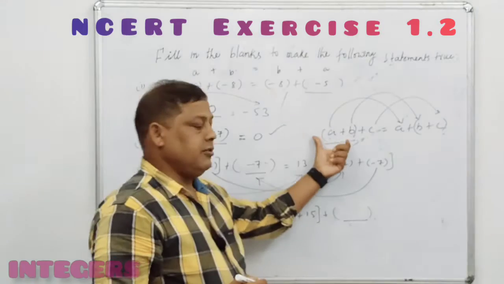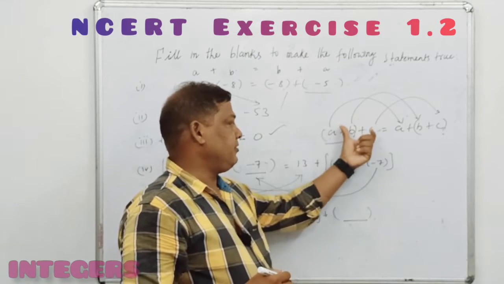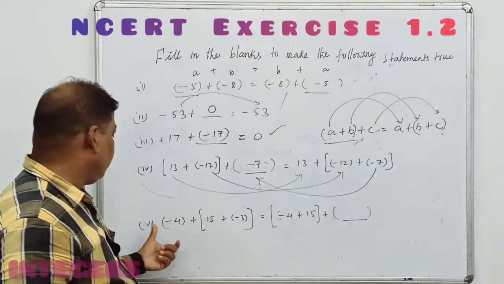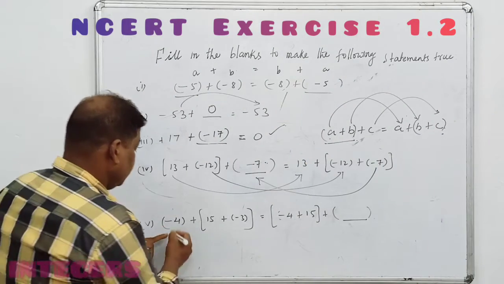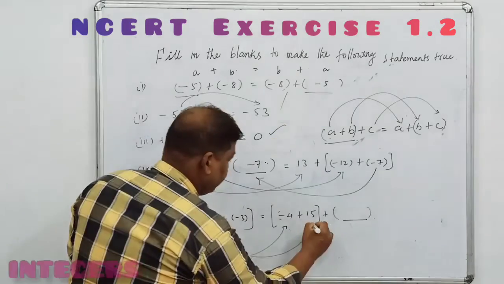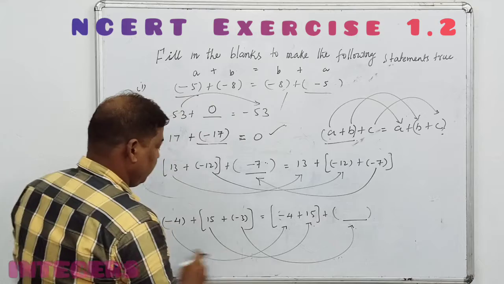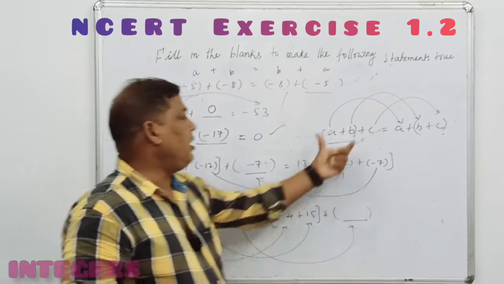So we can use the associative property, that A plus B plus C is equal to A plus B plus C with the brackets moved. We will see the last one: minus 4, then 15, then minus 3 will be here. This is also the same property, the associative property.